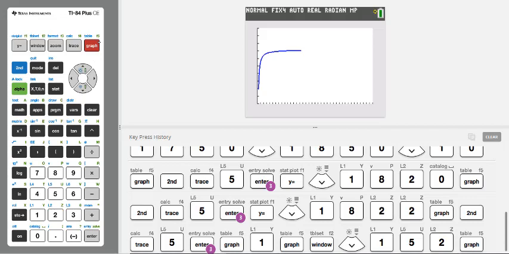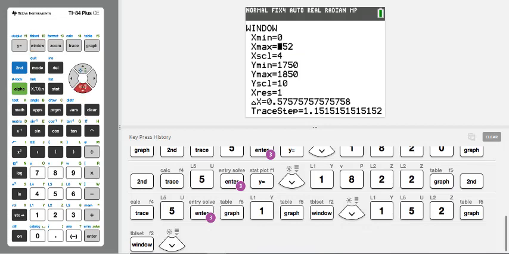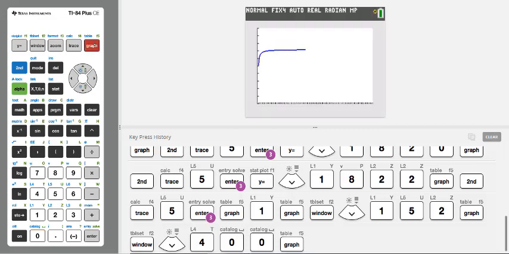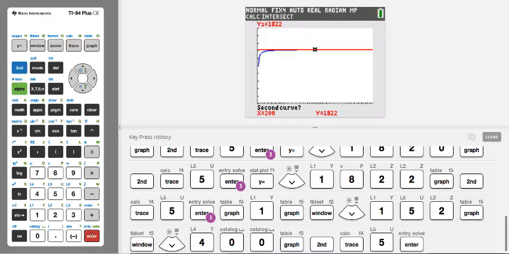Let's see what it does. You know what? Let's go 400, because 365 days. There we go. Now let's hit second, trace, 5, enter, enter, enter.